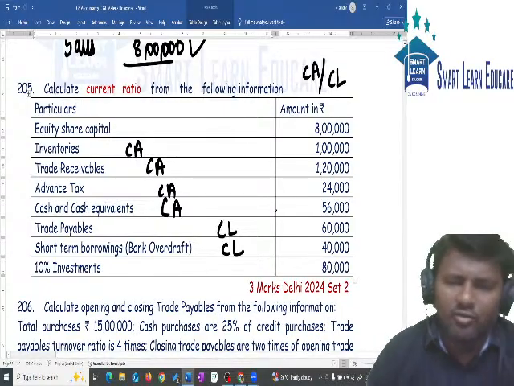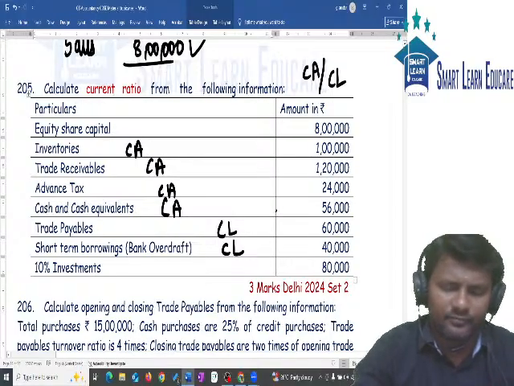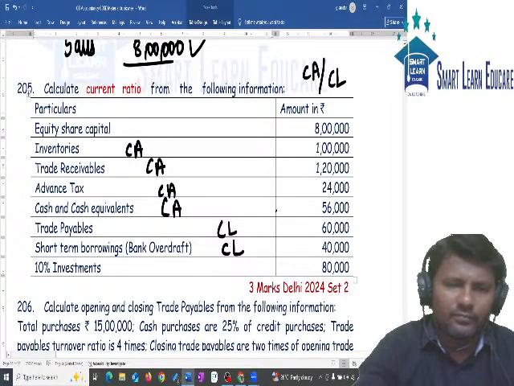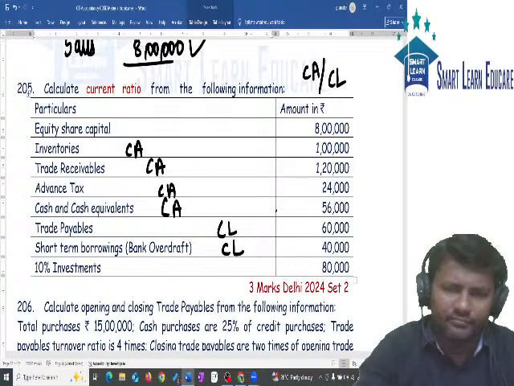Substitute the number, you will be getting the answer. Try this question. Total of current asset, total of current liability.